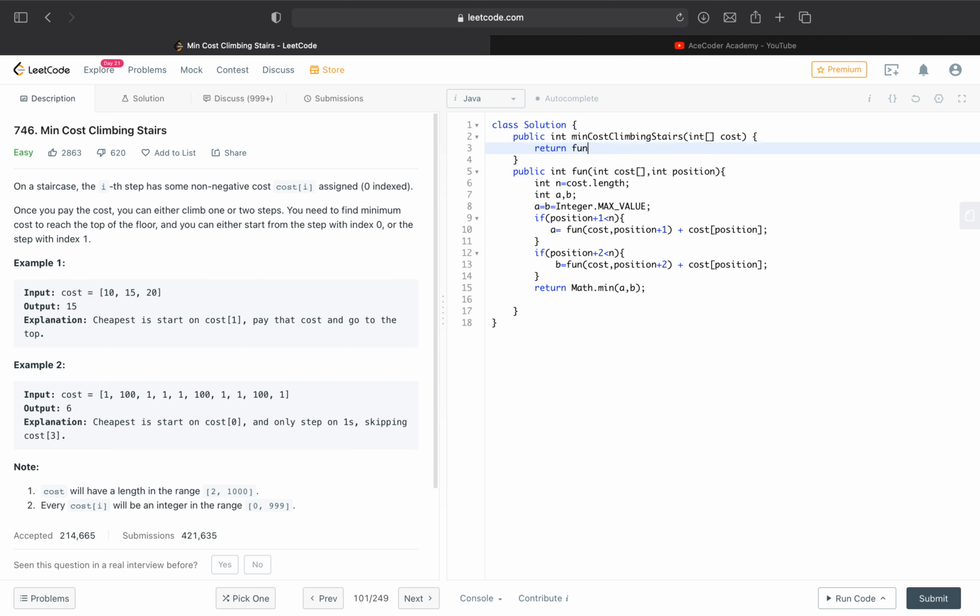We can return a function and pass cost, and since we were starting from 0, here are two things: we are taking the case where we started from 0, but we can also start from 1. So we can similarly do that and minimize this answer.